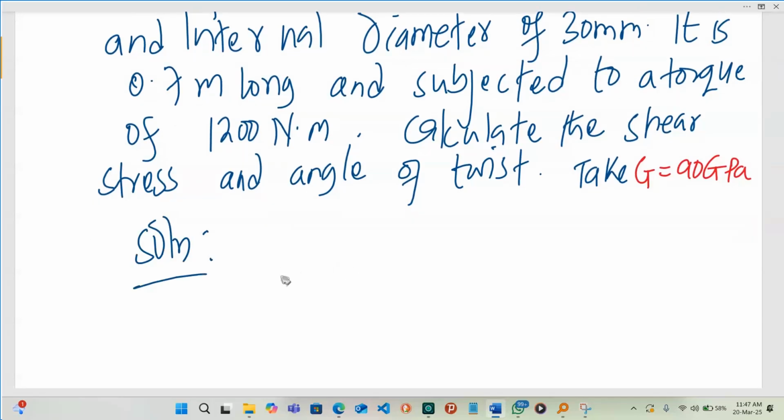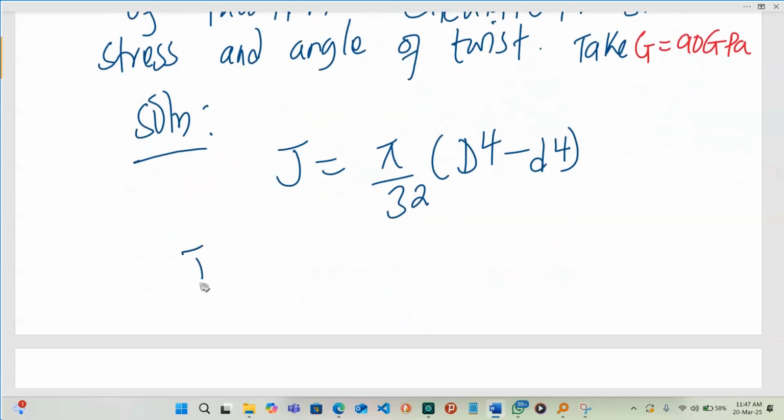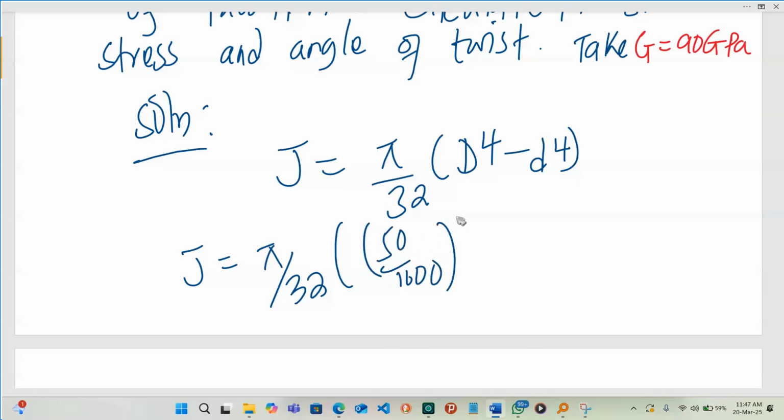First of all, we need to calculate J, the polar second moment of inertia, which is pi out of 32 into capital D to the power 4 minus small d to the power 4. So J will equal pi out of 32 into, this D is 50, so we put it as 50 out of 1,000 to the power 4 minus 30 out of 1,000, converting to meters, to the power 4.